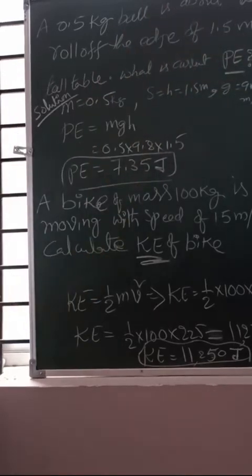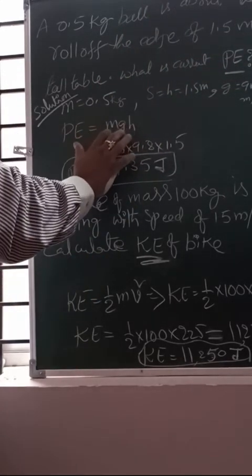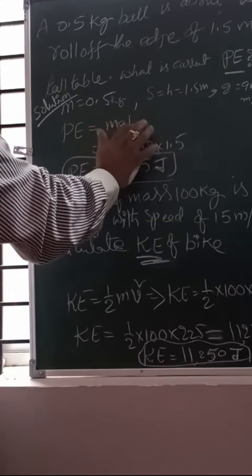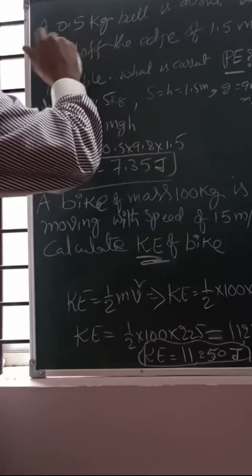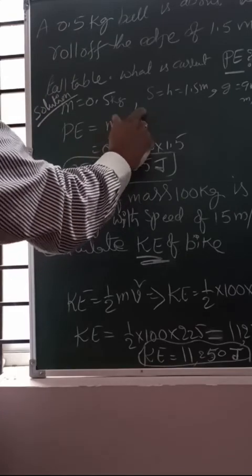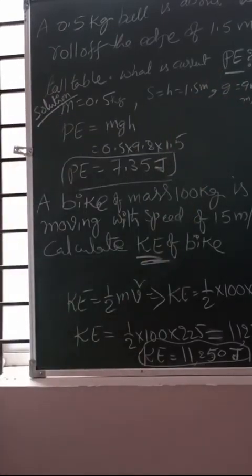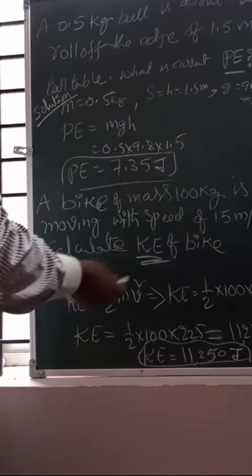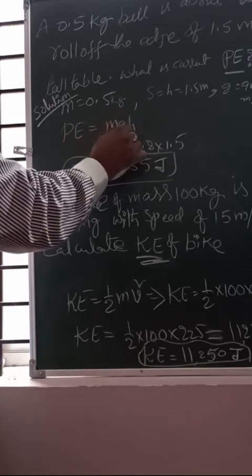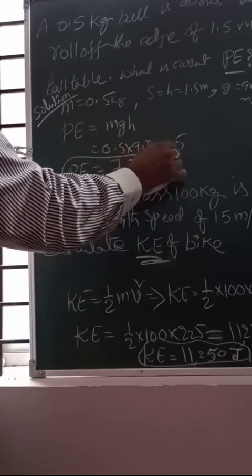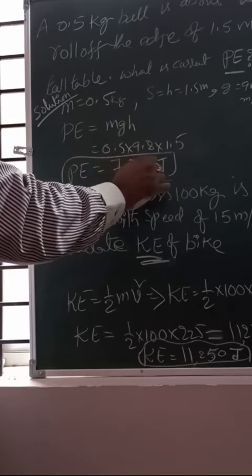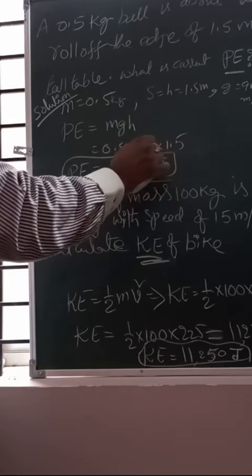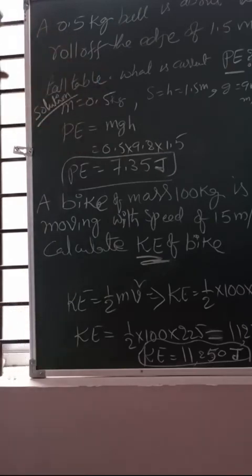Potential energy P equals mgh. Mass is 0.5 kg, gravity g equals 9.8 meter per second squared, and h equals 1.5 meter. So P equals 0.5 into 9.8 into 1.5, so the total potential energy is 7.35 joules.